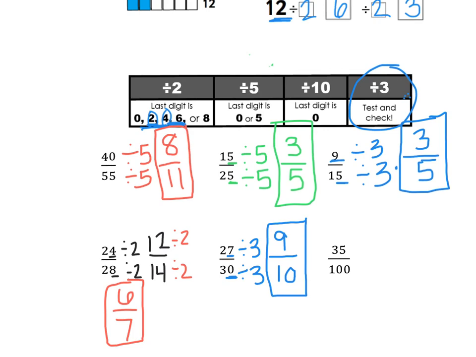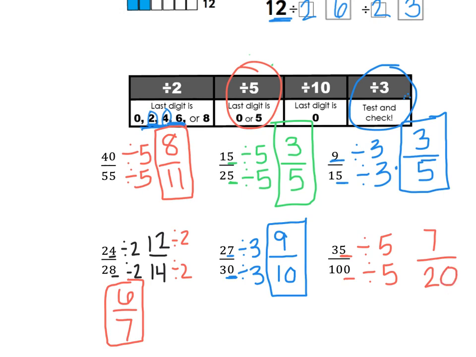Okay, last one. I'm going to check my last digit. 5 and 0. Oh, 5 and 0, divisible by 5. So I'm going to divide both the top and the bottom by 5. And 35 divided by 5 is 7, and 100 divided by 5 is 20.